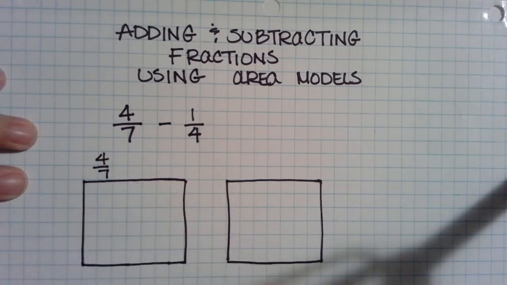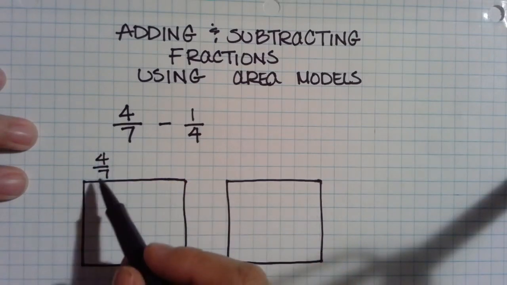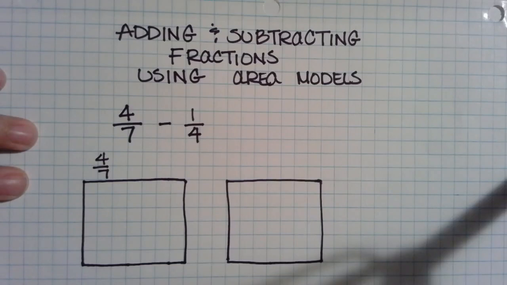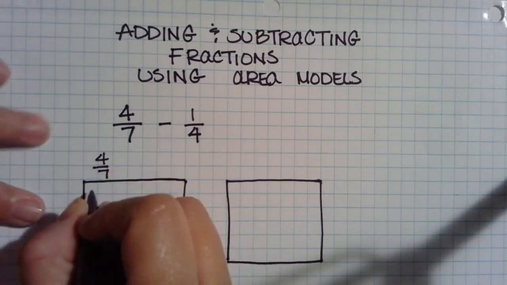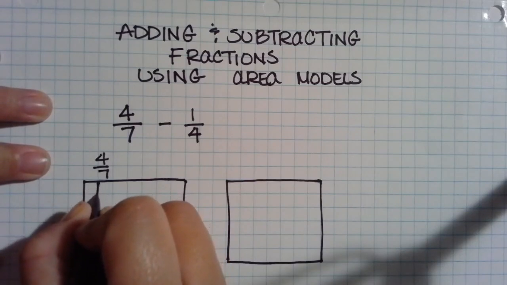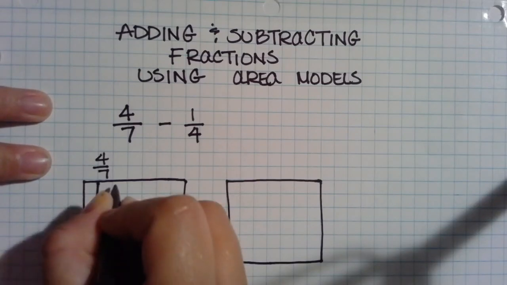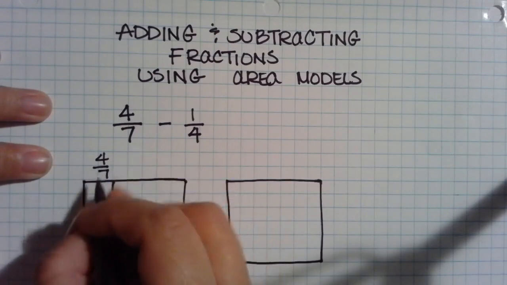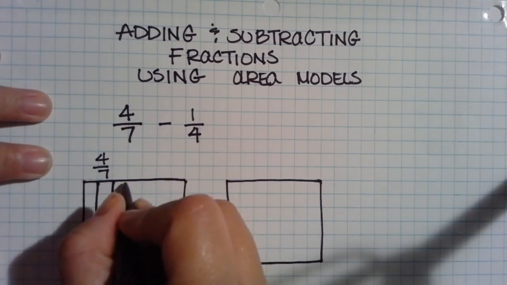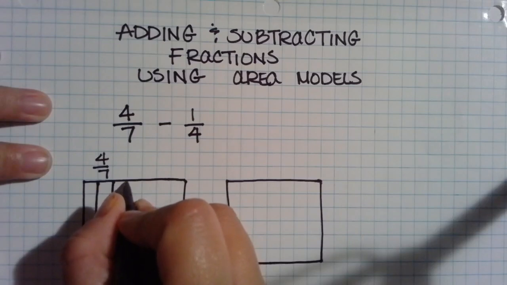With this one, the first thing I want to do is use the denominator, just like on my number lines. I'm going to use my denominator to divide my box. So I need 7 spaces. Okay, divide my box into 7 spaces.